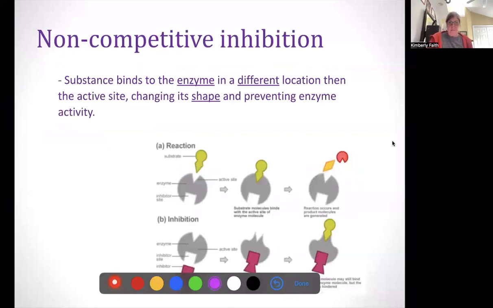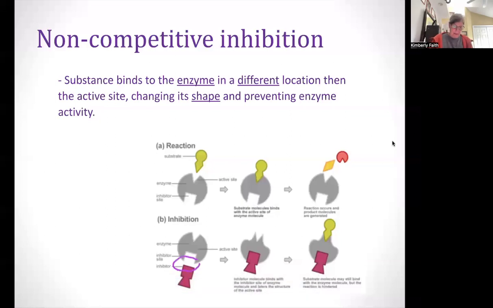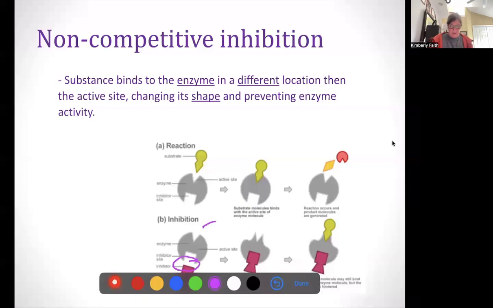Non-competitive is where we have a secondary site on that enzyme and a different type of molecule is going to bind to it. When that molecule binds to it, so if we see down here, it binds to it, notice the shape change. And since the shape of the binding pocket is no longer the same, the substrate cannot either fit or it won't let go.